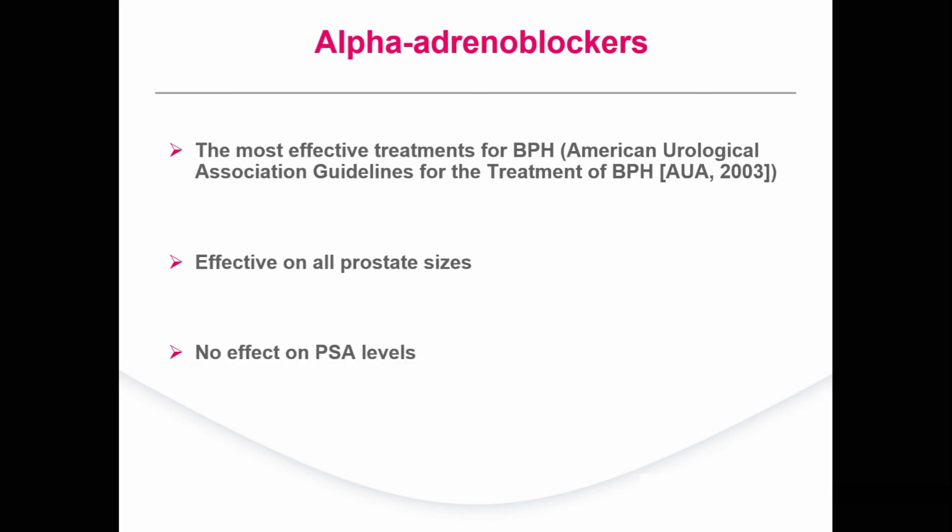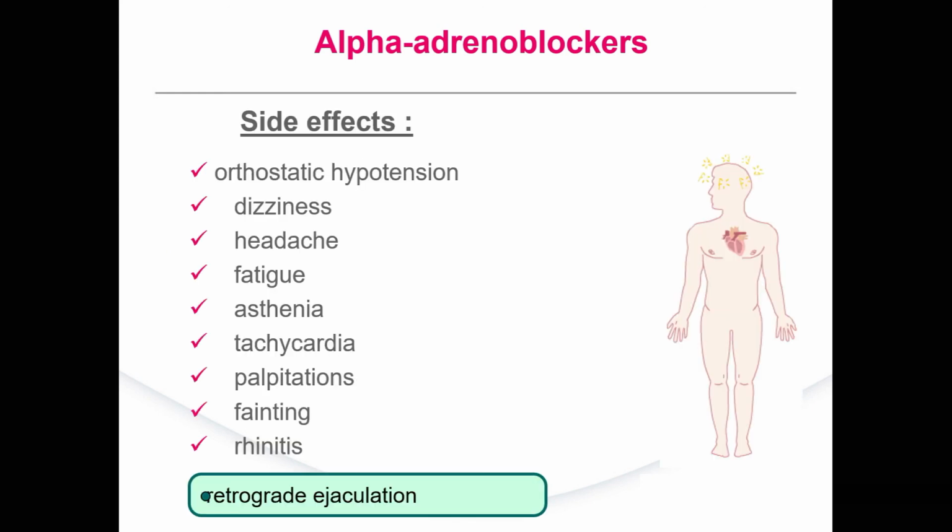The most effective treatments for the BPH are alpha blockers, effective on all prostate sizes and with no effect on the PSA levels, which also helps us not to mask the situation with prostate cancer, which can also exist alongside the BPH.